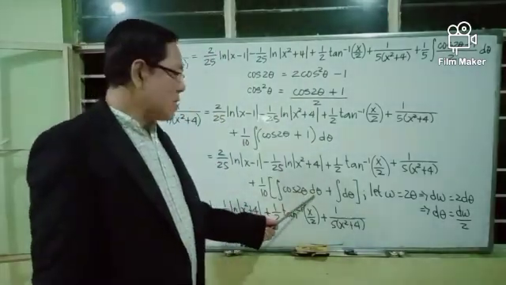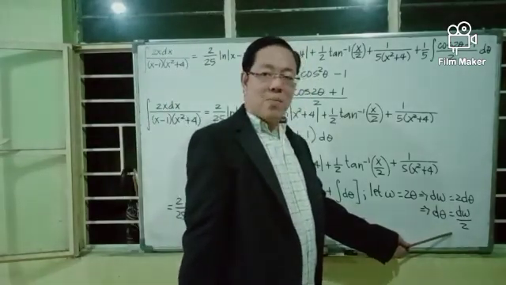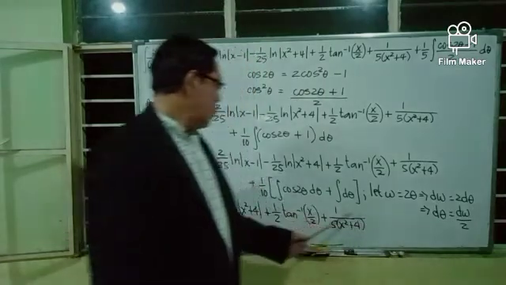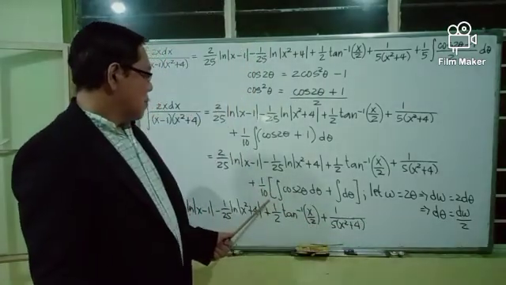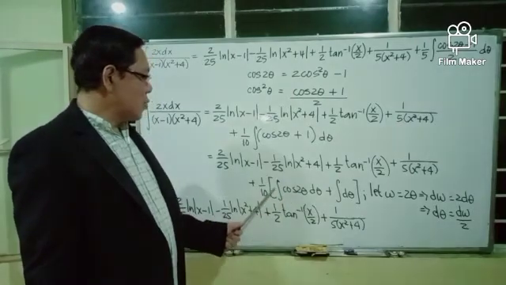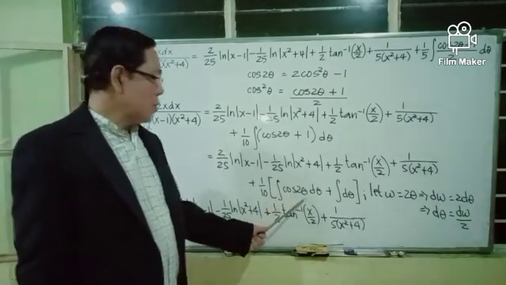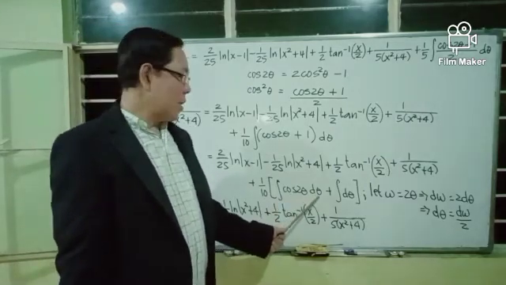If d theta is replaced with dw over 2, we have 1/2 times dw. So this integral of cosine 2 theta is equal to 1/2 times the integral of cosine w with respect to w.